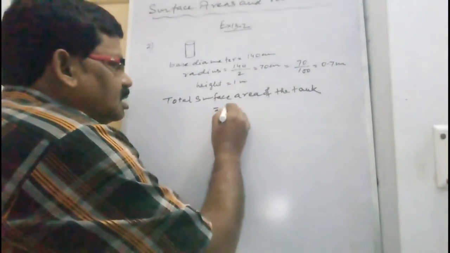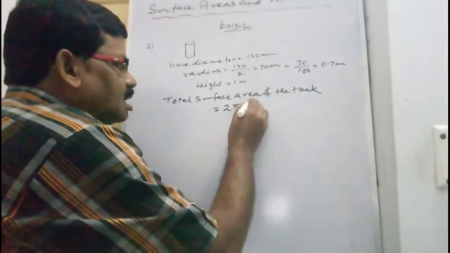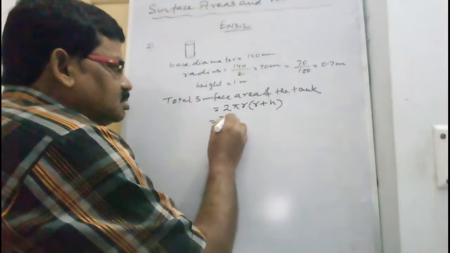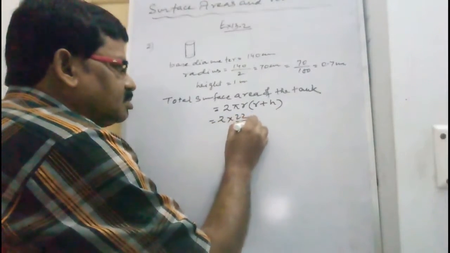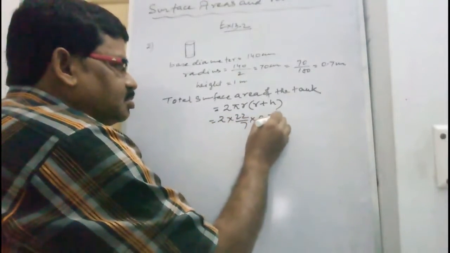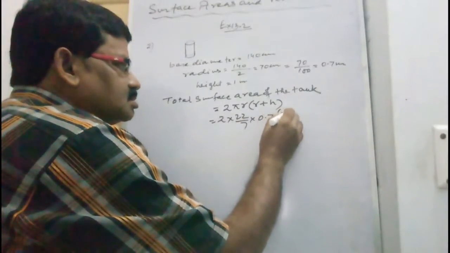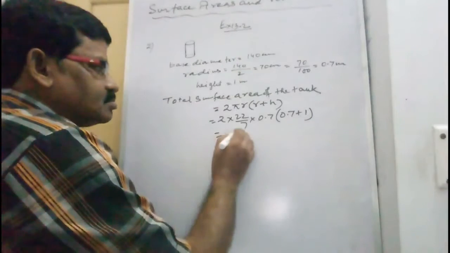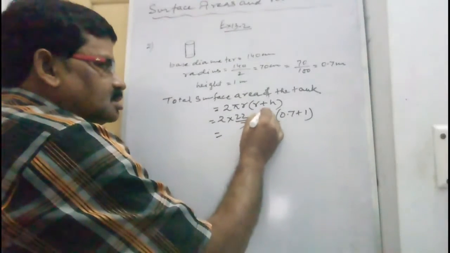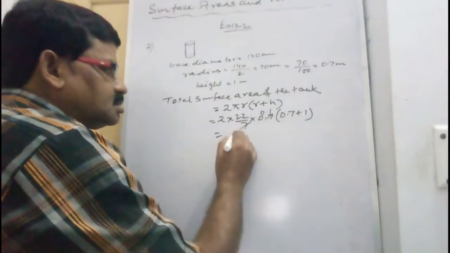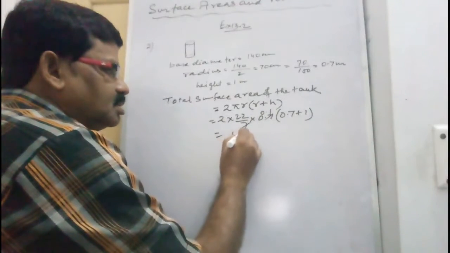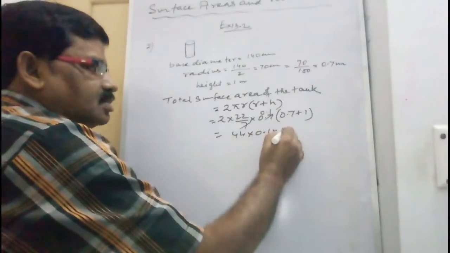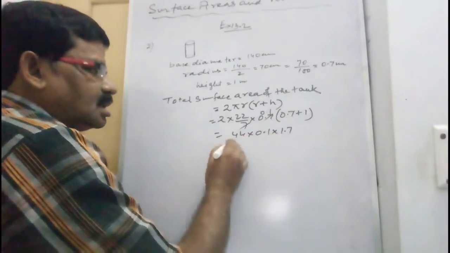So the formula is 2 pi r (r plus h). So 2 into 22 by 7 into 0.7, into (0.7 plus 1), that is 0.1. So 44 into 0.1, add this one, which is equal to 1.7.